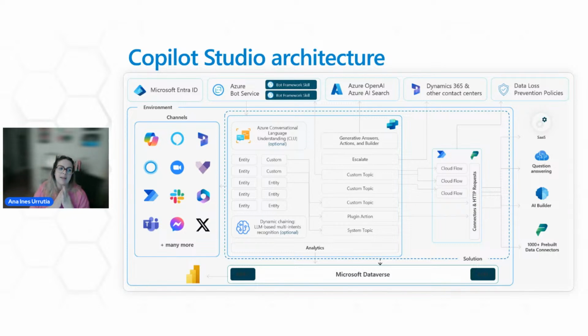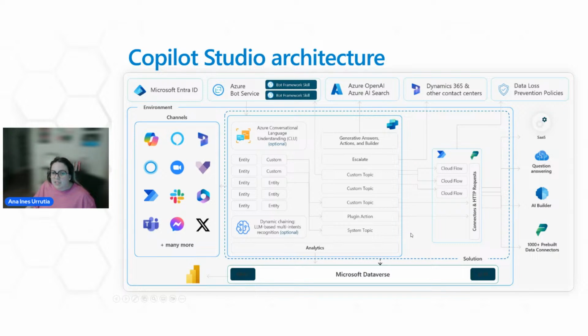And you can see here we have plenty of channels. We have, for example, Copilot 365. Then we have Slack, Teams, Power Automate, Messenger, Dynamics, we have everything. This is Zoom, if I'm not wrong, and of course Twitter. We have plenty of channels we can connect to our Copilot, and it's quite interesting.